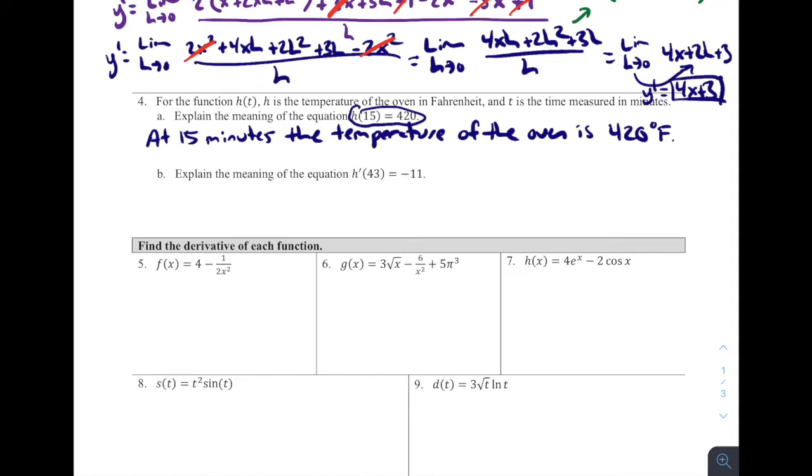Explain the meaning of the equation now of h prime of 43 is equal to negative 11. Because we see that little prime right there, it's talking about a rate of change. And so this negative 11 is not negative 11 degrees Fahrenheit. This isn't a very cold oven. This is actually saying that the temperature of the oven is decreasing by 11 degrees per minute.